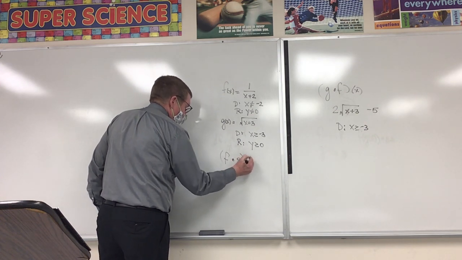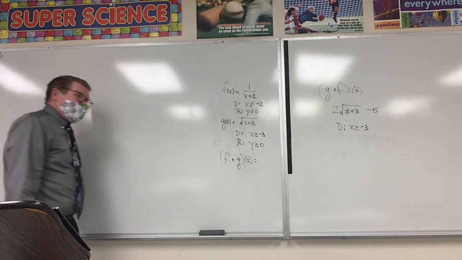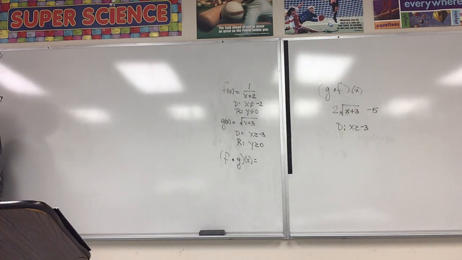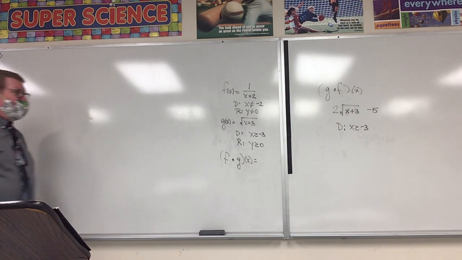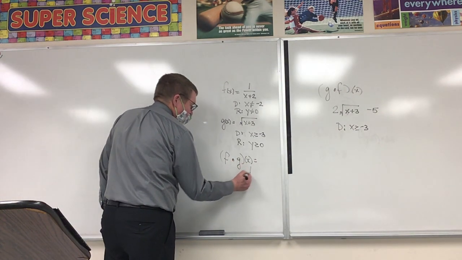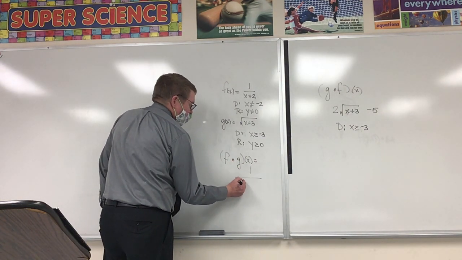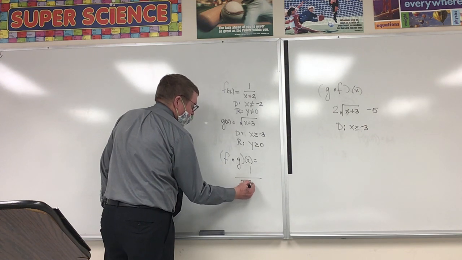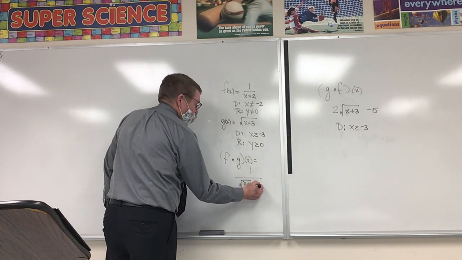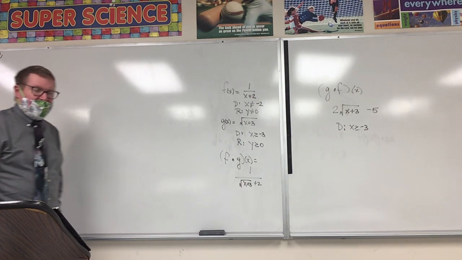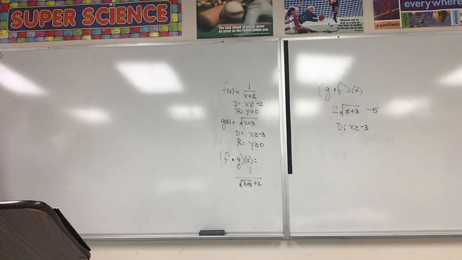F circle G of x is telling me to do what? Putting G in for X. So that's going to equal 1 over the square root of x plus 3, plus 2. Now we don't have to simplify this, even though we know that we can't have a radical, but here we can leave it the way it is.